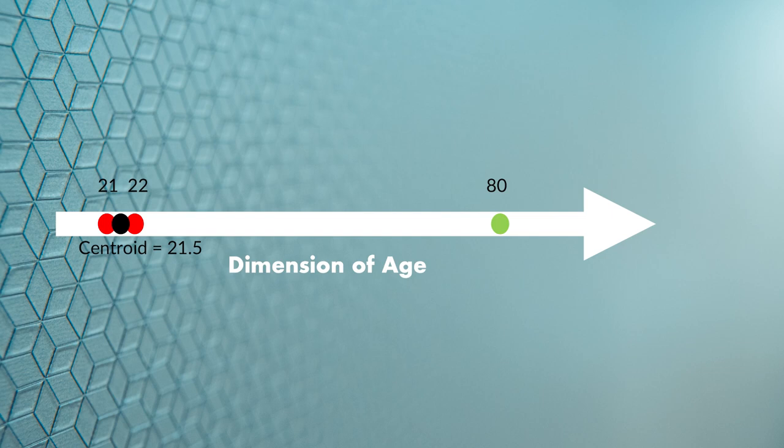To measure the centroid, just take the average per dimension of all the data points inside the cluster. The sum of the distances of the 2 youngest will be 0.5 plus 0.5, because 22 is 0.5 away from the centroid, that is 21.5, remember? And 21 is also 0.5 away from the centroid.